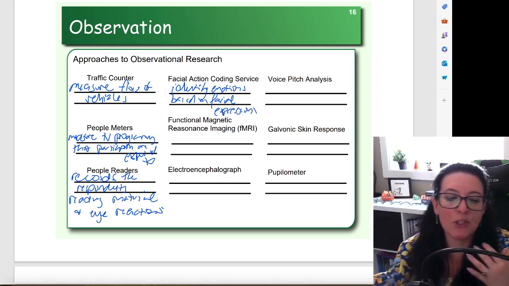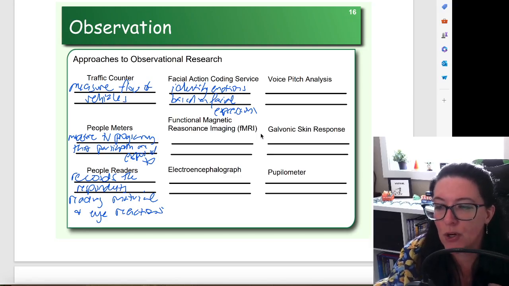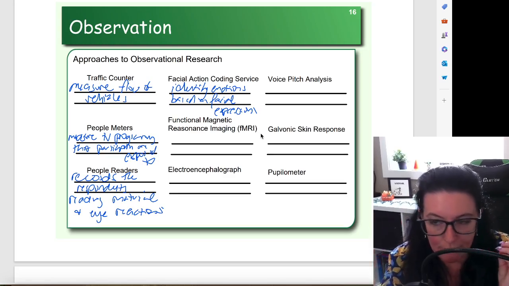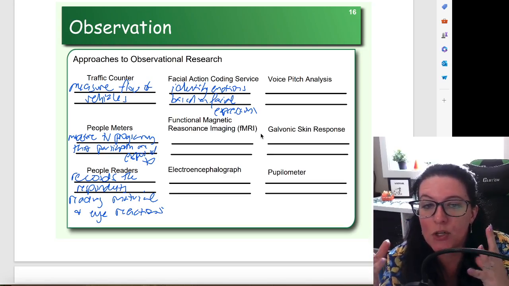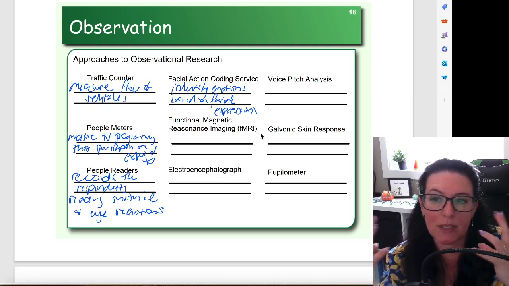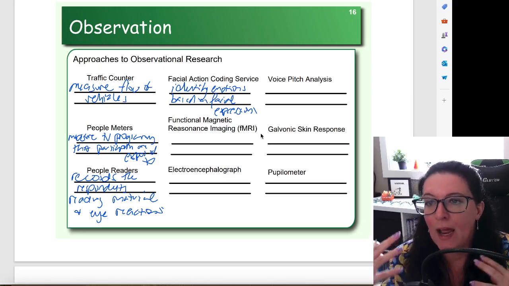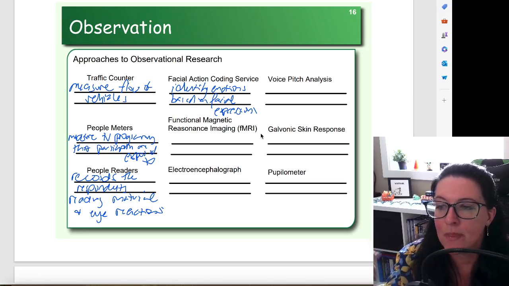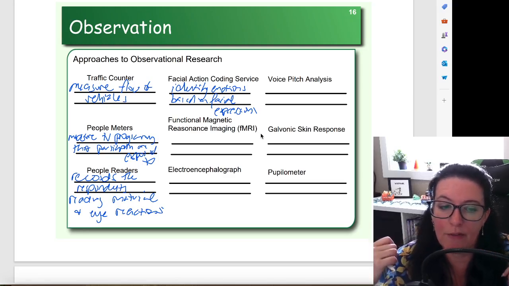So with AI, machine learning, we're getting better at this in terms of we can use video, or we can have photos that then take an image and start to analyze, okay, is that person smiling? Is that person happy? Is that person sad? And so it's computer programming to help us identify the facial expressions being conveyed.